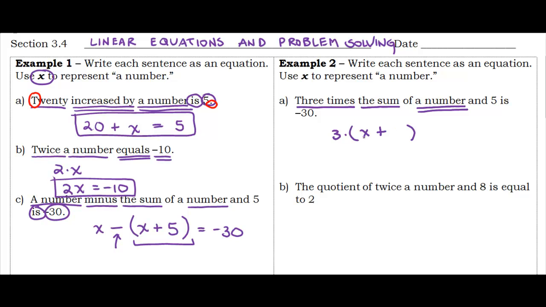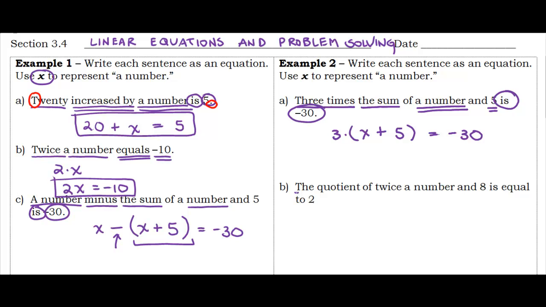X and 5. Equals -30. Now what's going to happen as we go on is not only are we going to translate these, but we are then going to solve them like we did earlier. Okay? Put all the ideas together, so they're coming.